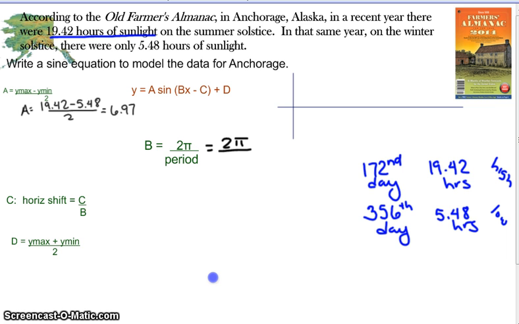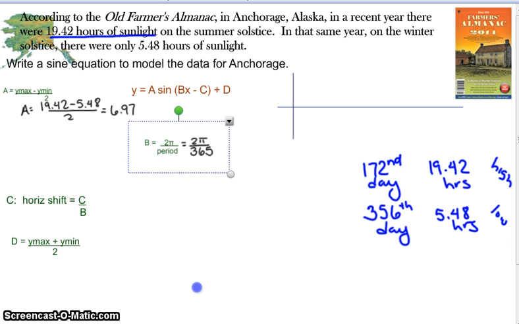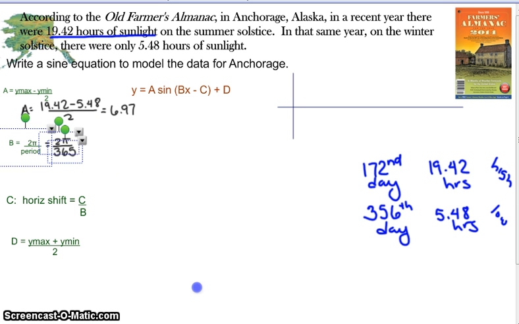Our period, how often until we get to the next summer solstice? For example, if we're on day 172, the next summer solstice happens 365 days later. So 2 pi over 365 is our period.